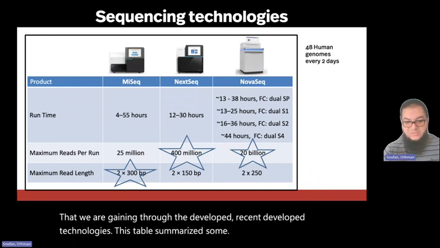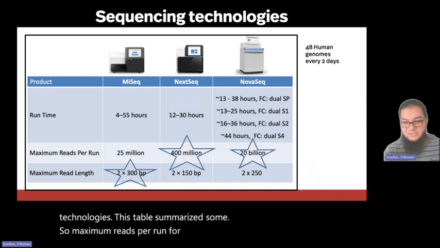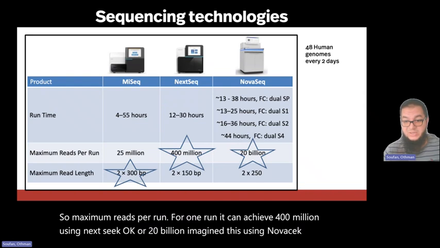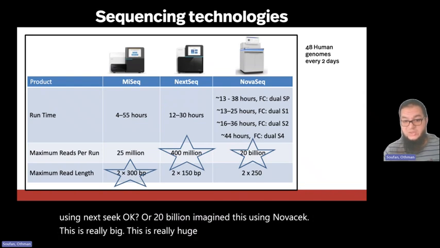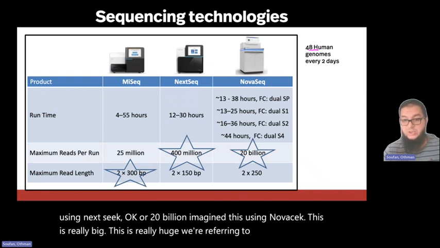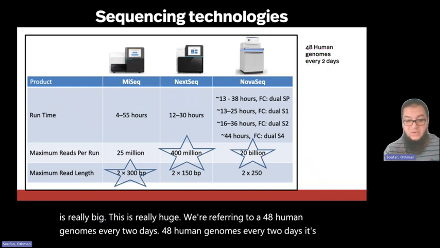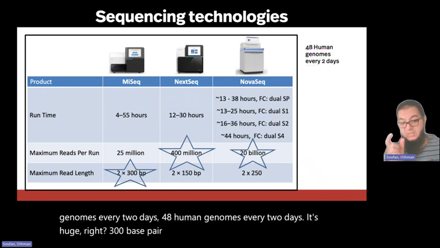This table summarizes some of it. For maximum reads per run, one run can achieve 400 million using NextSeq, or 20 billion using NovaSeq. Imagine this, it is really huge. We're referring to 48 human genomes every 2 days, with 300 base pairs of read length.